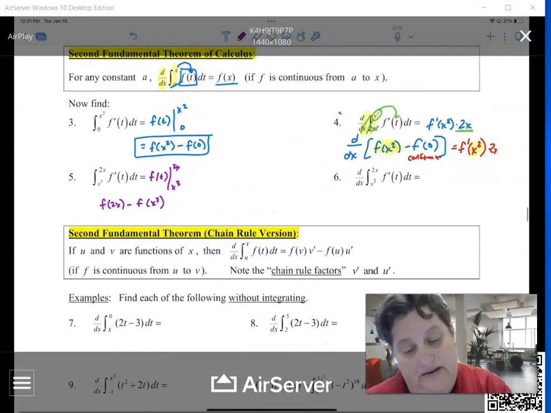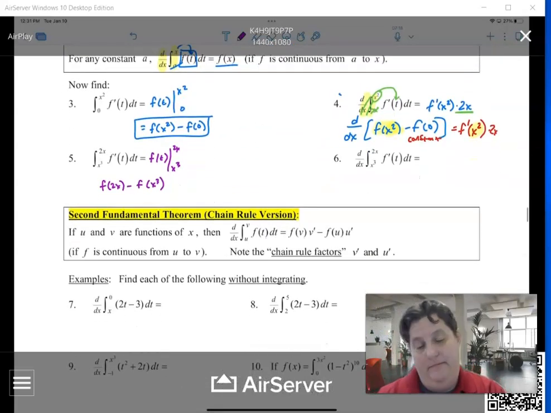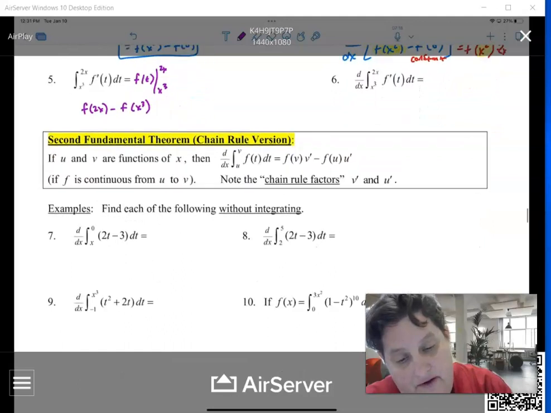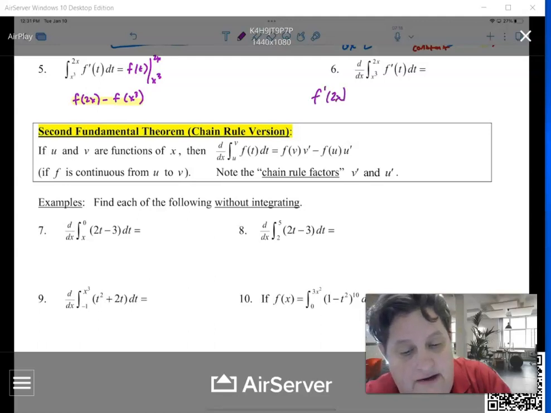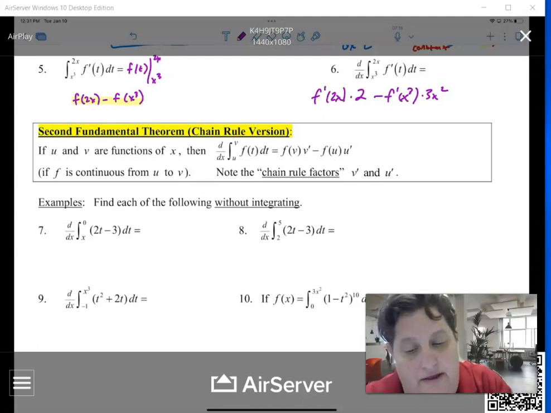Now, it's going to tell me to take the derivative of that, okay? So the derivative of this, what I just took over here, is now f prime of 2x times 2 because of chain rule, and f prime of x to the third times 3x squared because of chain rule. So it's basically, you go like this.